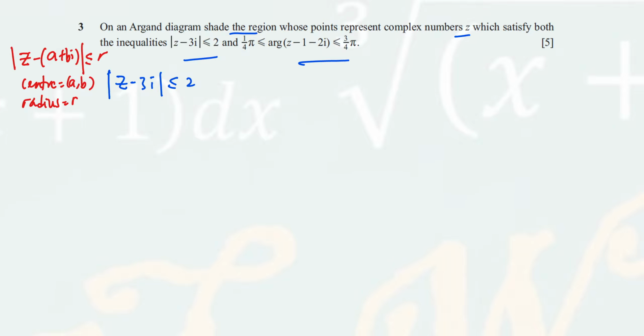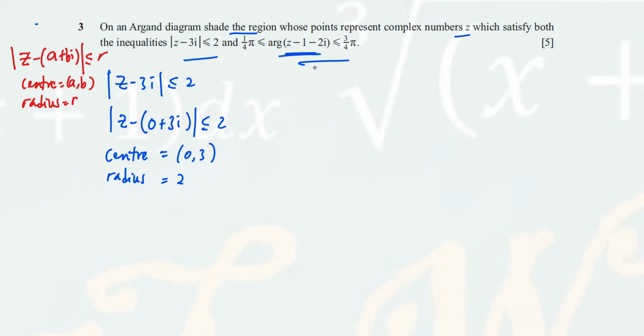This is the general form of the circle inequality. Then I will change to the similar form, that will be 0 plus 3i, which means my center of the circle is basically (0, 3) and the radius is 2.